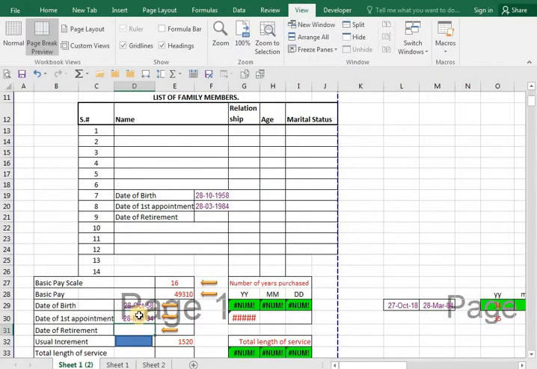And the date of retiring is 27 October 2018.